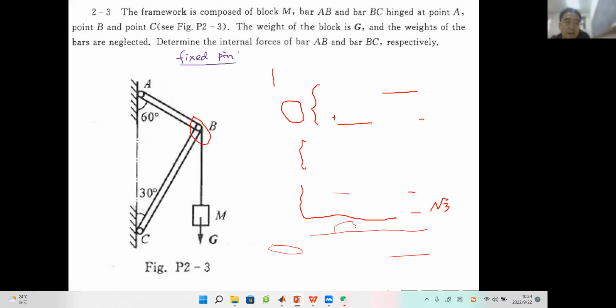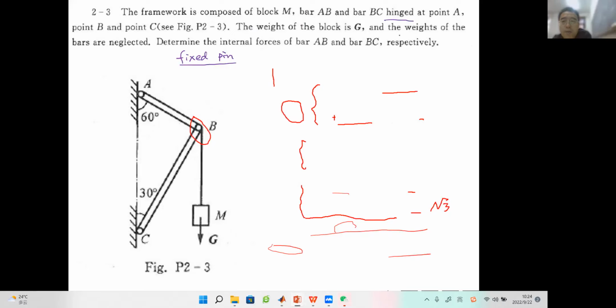I hope you guys know the 5 common types of constraints, because different types of constraint will have different reaction forces, right? So actually this is very simple, two fixed hinges, right? And it tells us the weight of the block is G, and the weights of the bars are neglected.